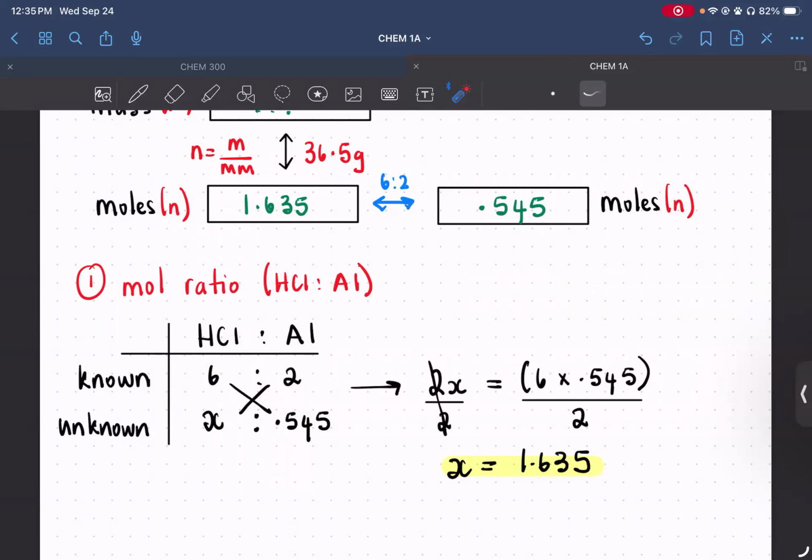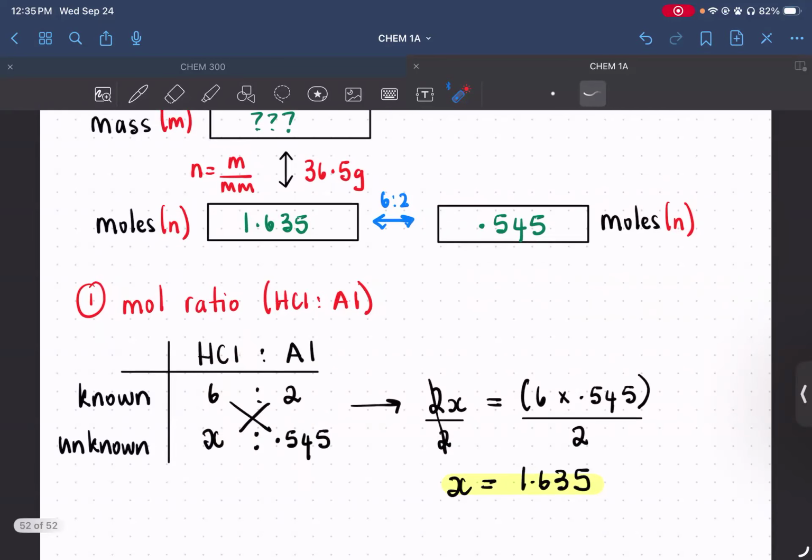The second thing I'd like to point out is the significant figures and decimal places. Remember that it's on me to incorporate in the instructions something about significant figures or decimal places. I need to say in the question, report your answer to the appropriate significant figures. Report your answer to 3 significant figures. If I don't say that in the instructions anywhere, that means I'm not grading for it.